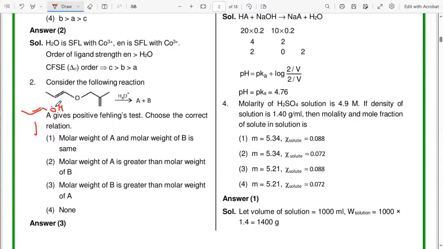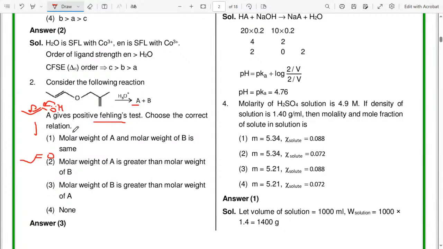The double bond rearranges to give an aldehyde, so here you get a double bond to O. This is an aldehyde. This aldehyde gives what? Fehling's solution test, right? So compound A gives a positive Fehling's test.